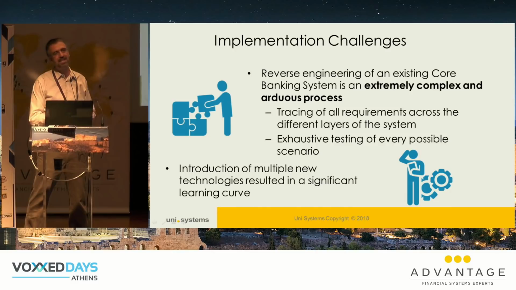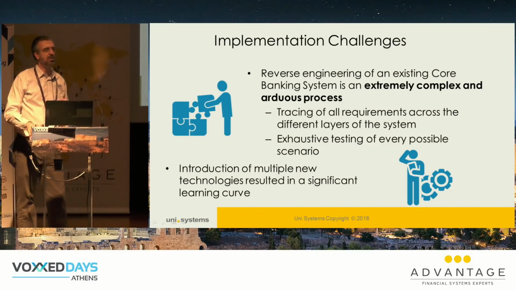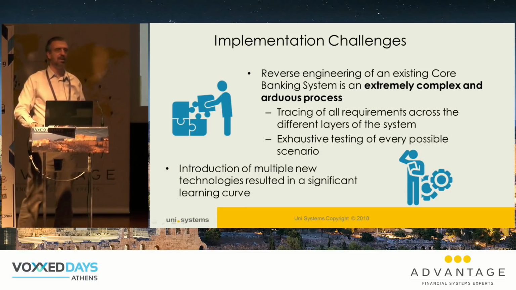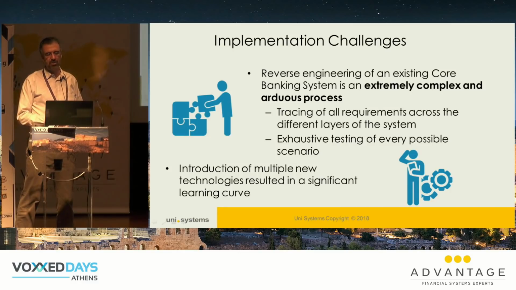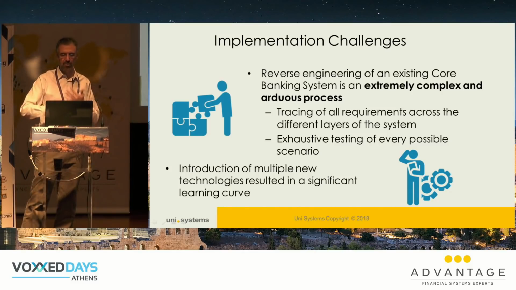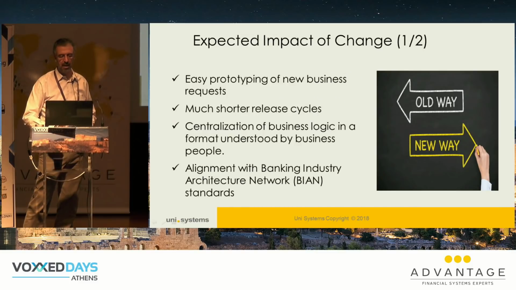And besides everything else, you need to be able to trace all the requirements and make sure you haven't missed anything across all the levels, all the layers of the system, and you have to do exhaustive testing. Nothing can go wrong when you have a banking system. You cannot have a bug and start missing money. And also, the introduction of multiple new technologies resulted in a significant learning curve. So there was a slow start to the system.